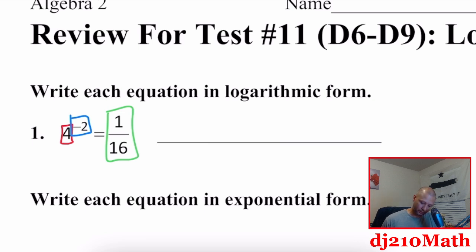Using our little form, hopefully you have it written down. Always feel free to pause the video and try to come to a solution, even if it's wrong, before me. So log base 4 of 1/16 equals negative 2.